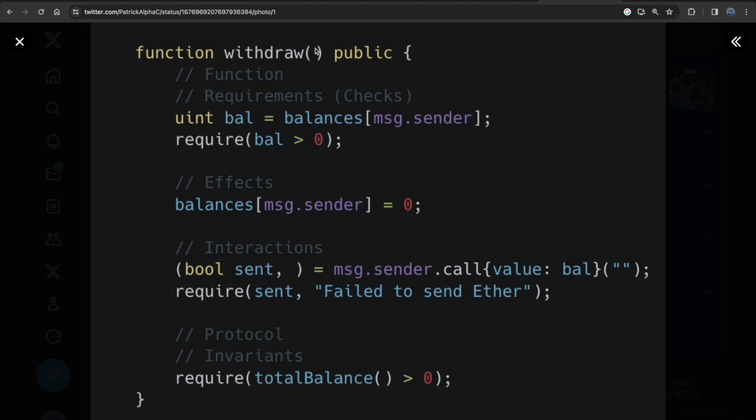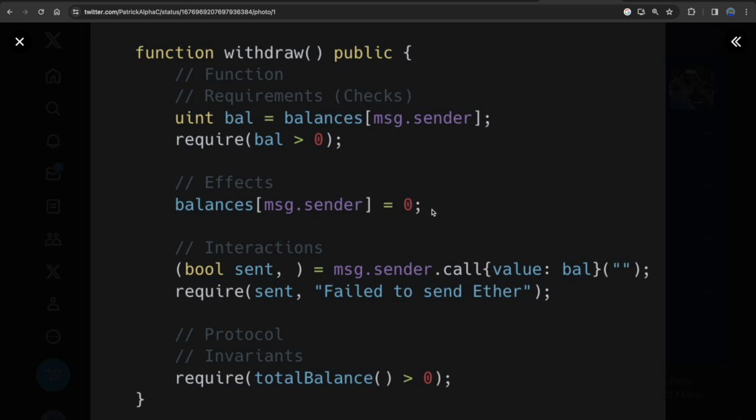So we have our withdrawal. We have our check, which we want to withdraw, so there's got to be some type of balance. We're requiring that the balance of that sender is greater than 0, so we don't want someone who doesn't have any stake within this protocol to be able to withdraw, so that's a check. We have our effect. So even though we did not send the withdrawer their funds yet, we already need to change their balance to be 0.